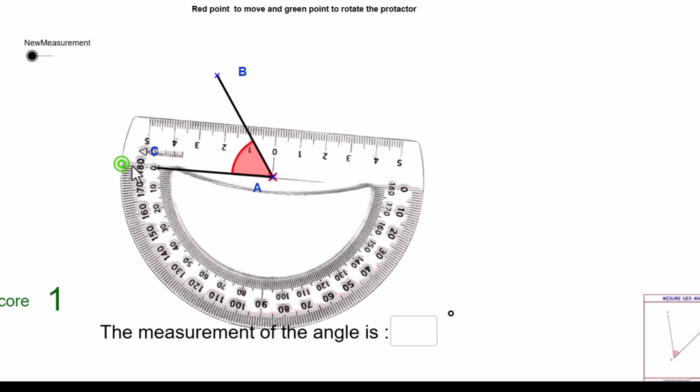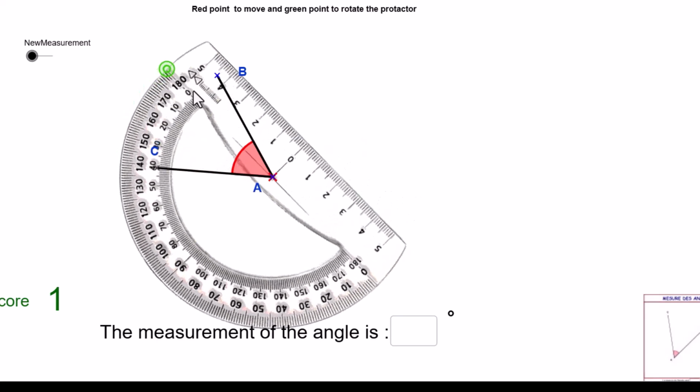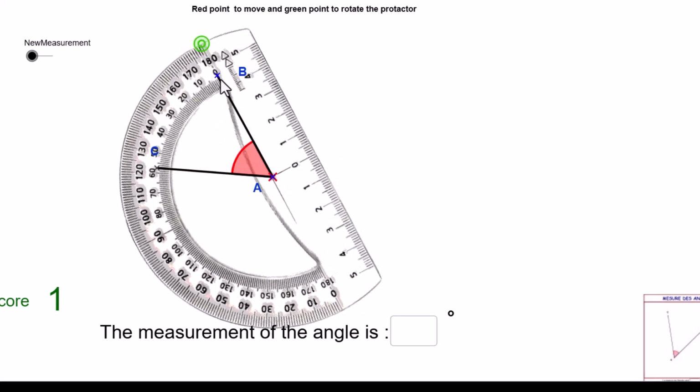Now that I put it like this, you can see that the protractor is outside, so I need to turn it the other way. So I need the zero arm to be at this point. So this is zero standing on this arm. You see the zero and the center point of the protractor, they are on this line.